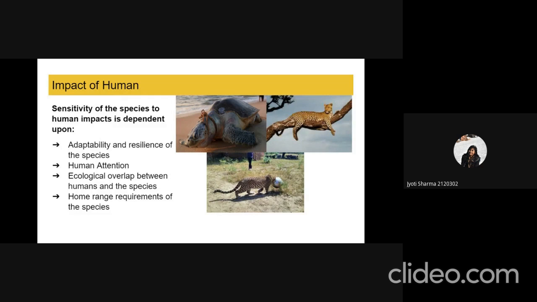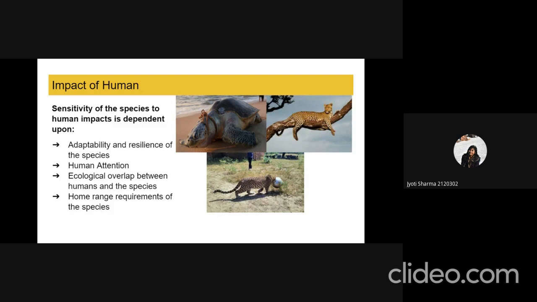It may happen that the leopard goes extinct or the tiger survives. So there is a sensitivity of the species. One may survive a specific condition and another may die. This is the sensitivity of the species, and it depends upon the adaptability and resilience of the species.